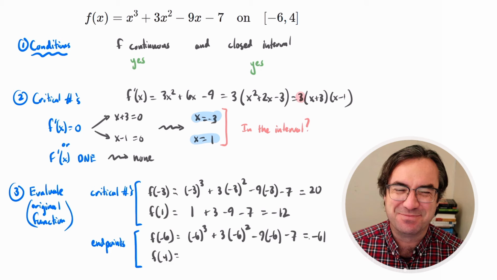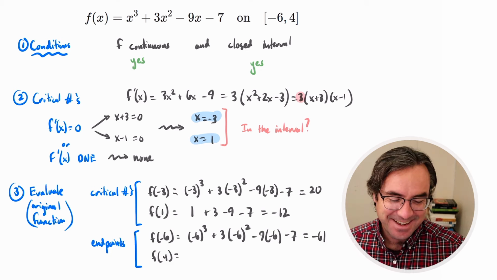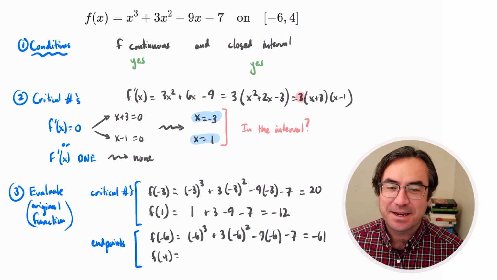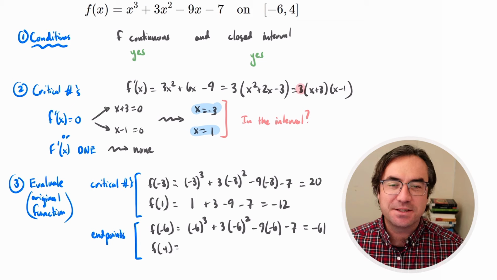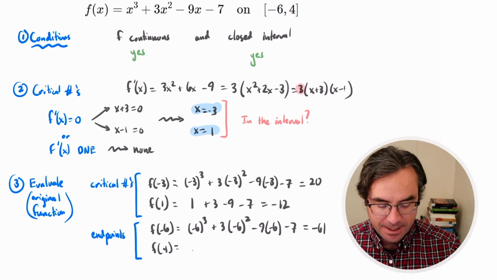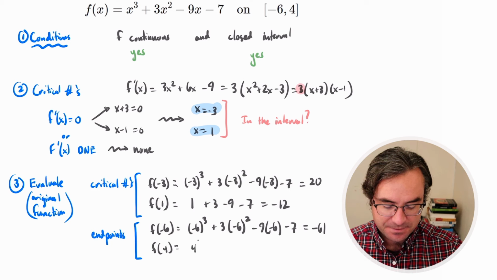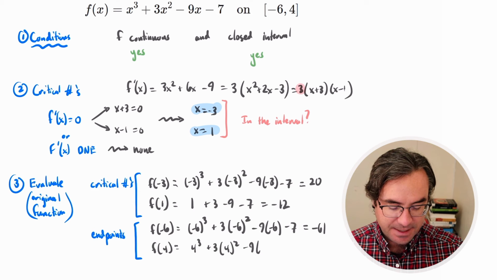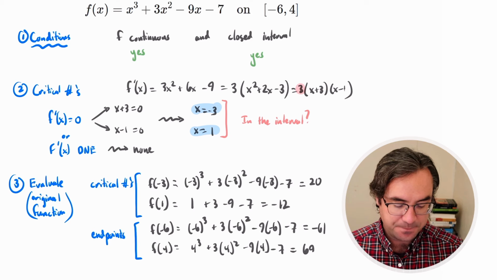I'm cheating. And then for x equals 4, same thing, we're just plugging it into the function. So 4 cubed plus 3 times 4 squared minus 9 times 4 minus 7, and this ends up being 69.